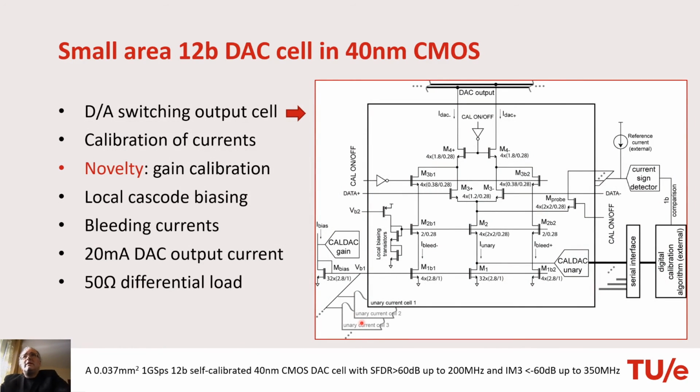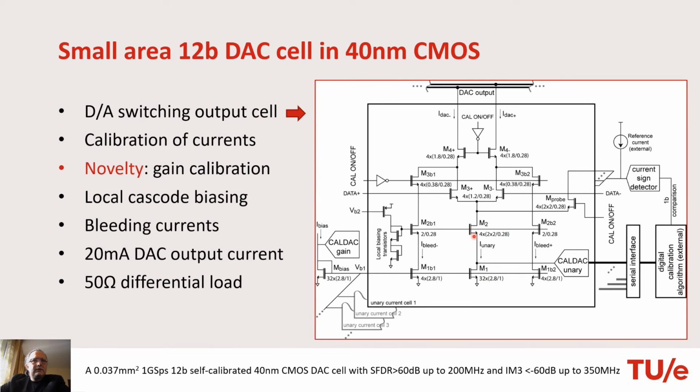So this is the architecture, this is the output stage of the DAC that we implemented. This is the main cell here, the DA switching output cell. This is the current source, and then in its drain a calibrating DAC is connected. This calibrating DAC can generate correction current, either add or subtract correction current, so that I unary is actually adjustable.